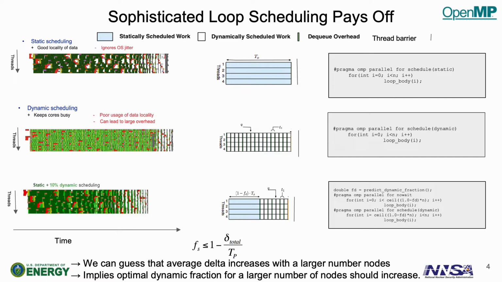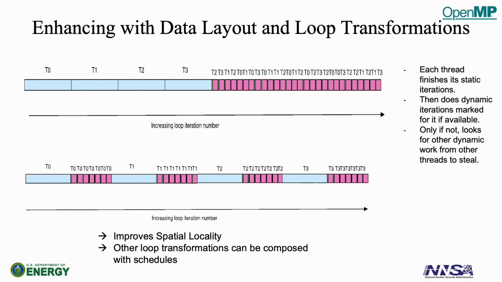The amount of work done statically, or the number of iterations that are statically assigned, should be a parameter. So what does the code look like? Well, here's the code transformation. We can enhance this with data layout and loop transformations.